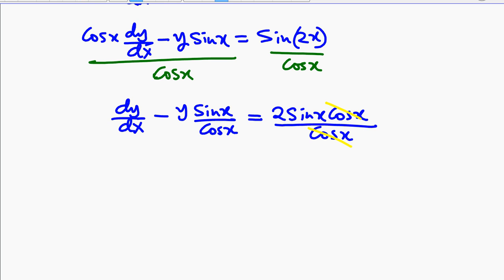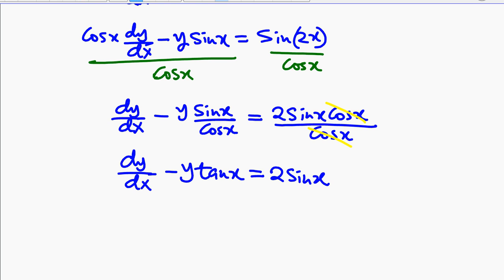Now that and that is gone. What we end up with is a simpler equation, which will be dy over dx minus y tan x will be equal to 2 sine x. Now this is in standard form, all right? And it's much simpler than what we had initially.